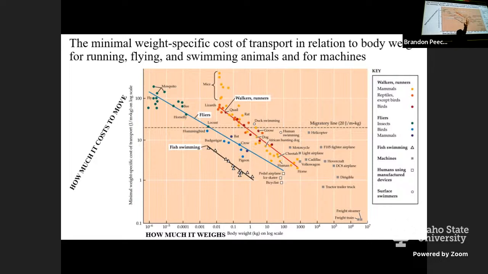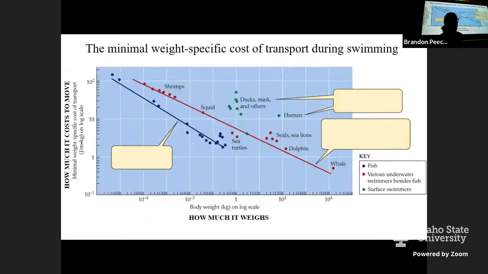Swimming, flying, walking. And even within swimmers, the fishes, the vertebrates that swim, are on that trend line. The red trend line's a mess because there's squid and shrimp and all kinds of stuff, sea lions on it. Non-fish swimmers, and then things on the surface. That same relationship holds: even within swimming, fishes are the most adapted to their locomotion style.